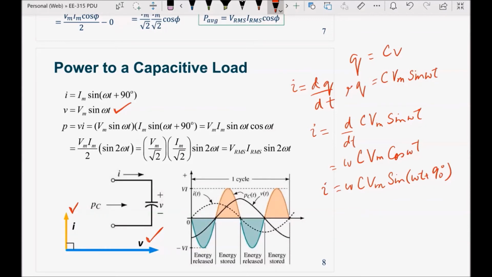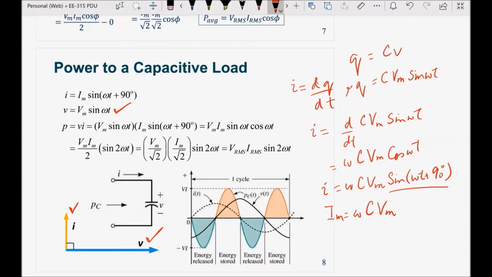And we know that for the maximum current value, which is Im, this sine portion will become 1, and Im is equal to omega C Vm.